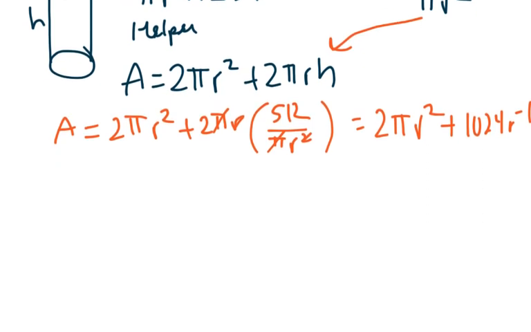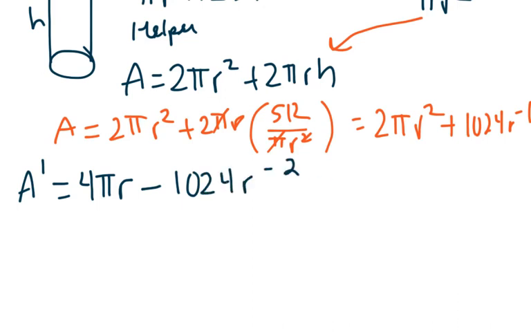Okay, so to find the minimum of something, you take the derivative and you set it equal to 0. So the derivative of this function is 4 pi r minus 1024 r to the negative 2. I'm going to set that equal to 0. To get rid of this r to the negative 2, I'm going to multiply each term by r squared.